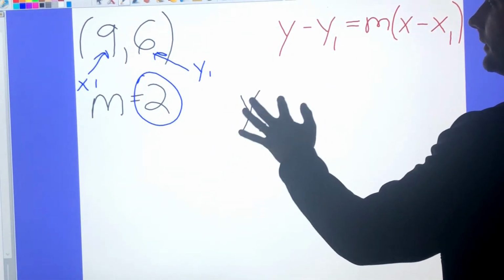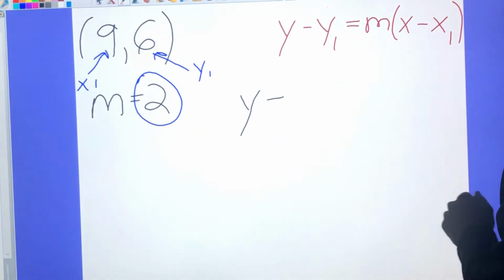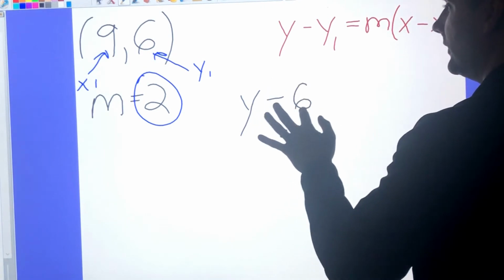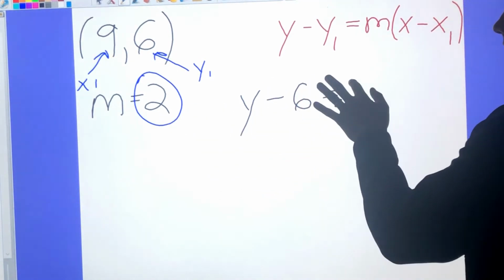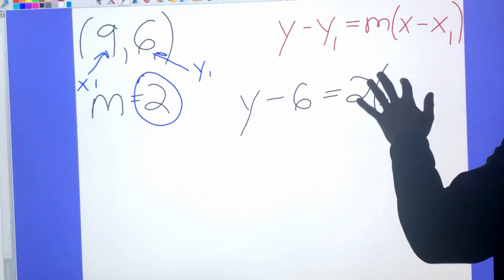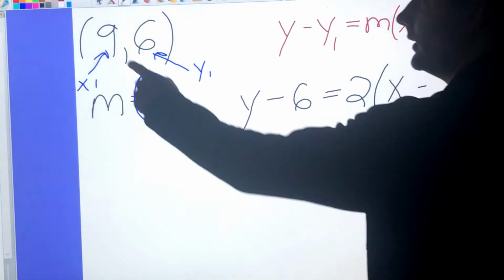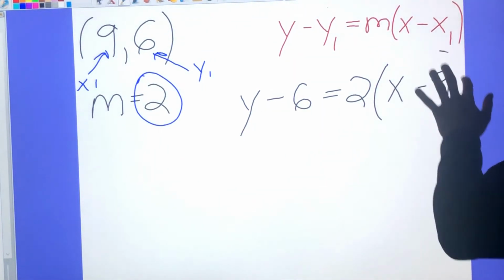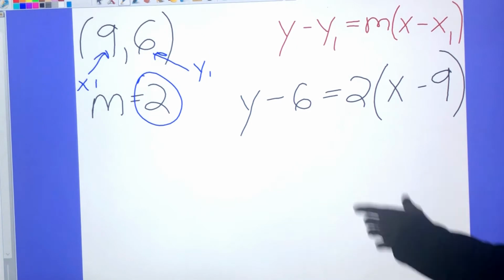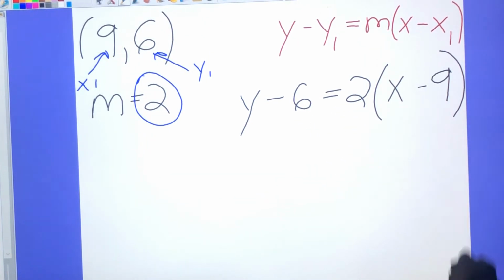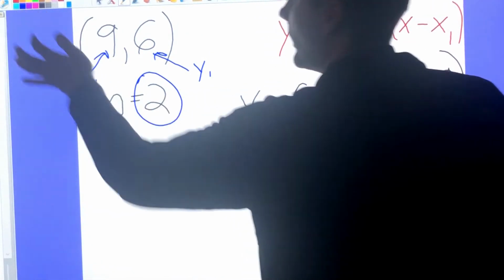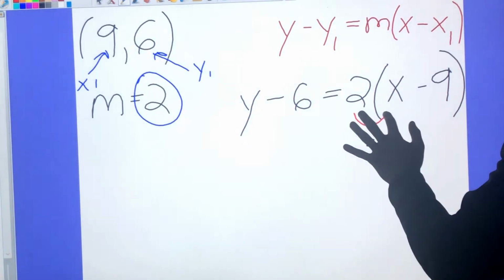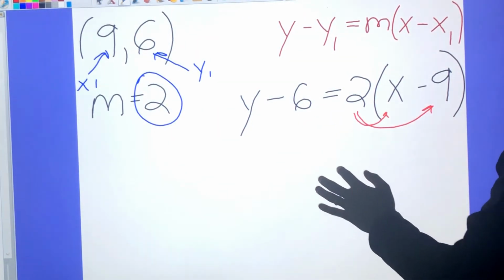So y minus, again the minus comes with this formula, in this case 6, equals m, which is 2, times x minus 9. Now I just have a matter of doing some arithmetic and solving for y, to get this in slope-intercept form. What I want to do is follow my order of operations, distribute this 2.